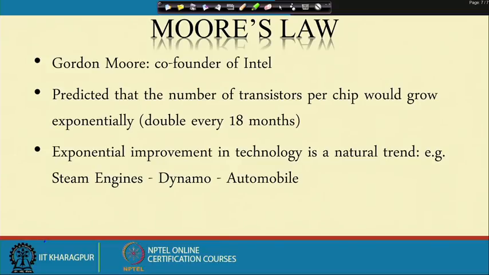Gordon Moore, the co-founder of Intel, predicted in the earlier phase that the number of transistors per chip would grow exponentially. That means it would double every 18 months.